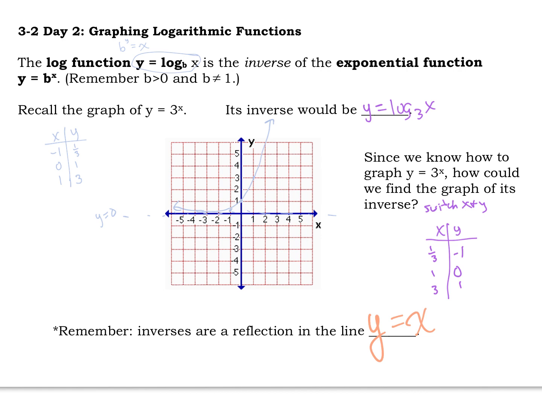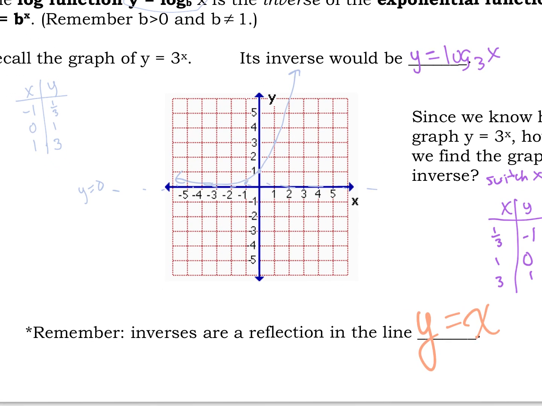All right, so if I graph 1/3, negative 1, and 1, 0, and 3, 1, that's what our logarithmic graph looks like. And actually it has an asymptote also at x is equal to 0. Okay.